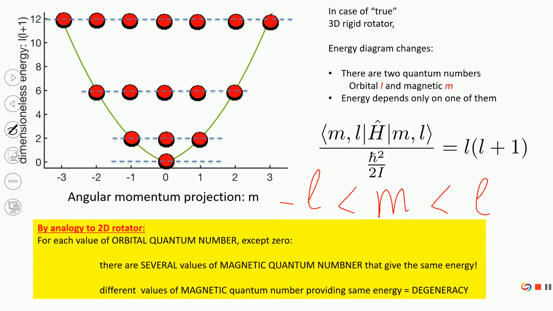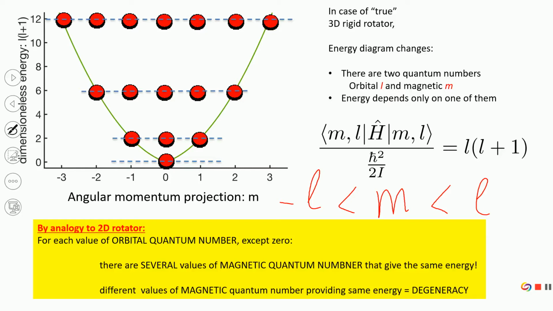In the sense of energies, the rigid planar rotor and the rigid three-dimensional rotator will have the same or very similar spectrum of energies. But in the sense of degeneracy, that will be the main correction.